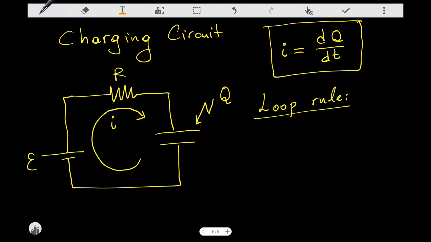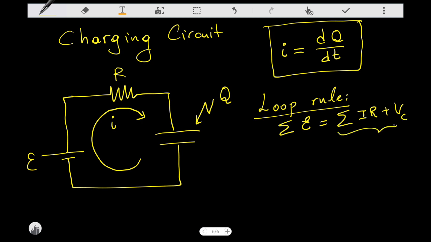Before, when we talked about the loop rule, I said that I can write this thing down like this. The sum of the EMFs is equal to the sum of the potential drops on the resistors. But, of course, we don't have just a resistor in here. We also have a capacitor. Since the capacitor side is not included on the left-hand side of that equation, somehow I have to write down a potential drop expression on the capacitor.